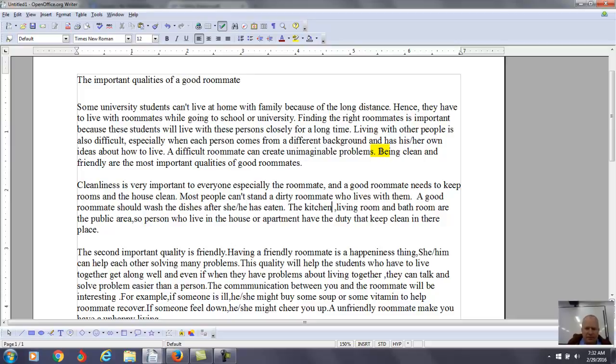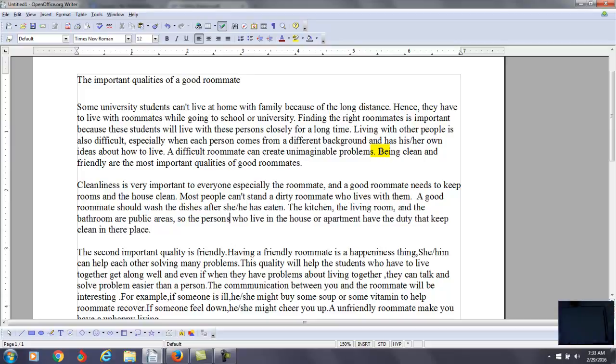The kitchen, the living room, and the bathroom. Usually we make that one word, not two. Are public areas. So you can say here, make this plural.